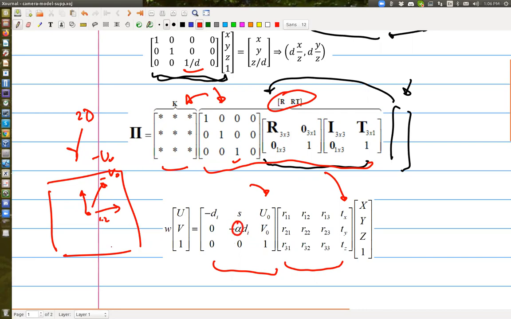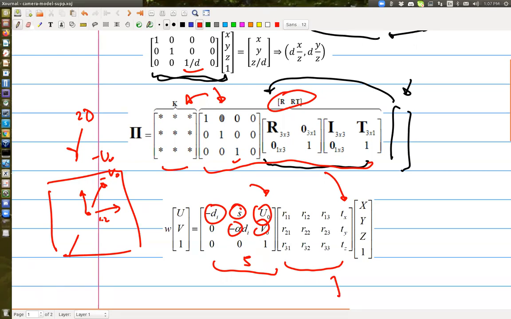And finally, if there's some skewing, it can be taken care of by this S here. If you look at the number of parameters in the intrinsic matrix: one here, two here, D is one, S here, three, four, five parameters.